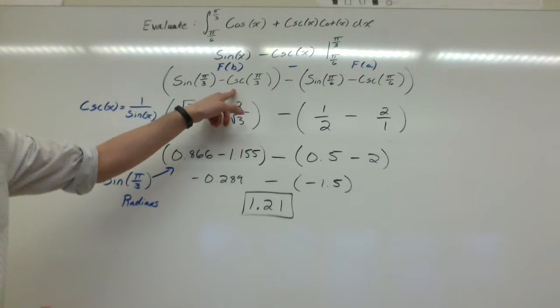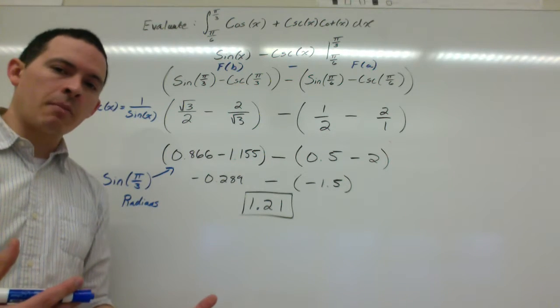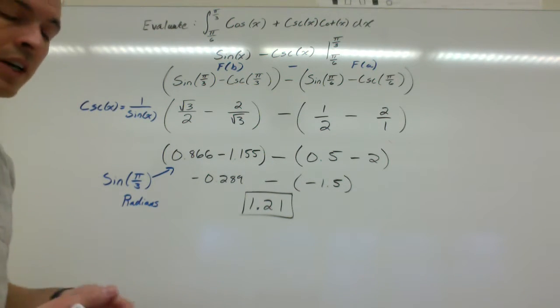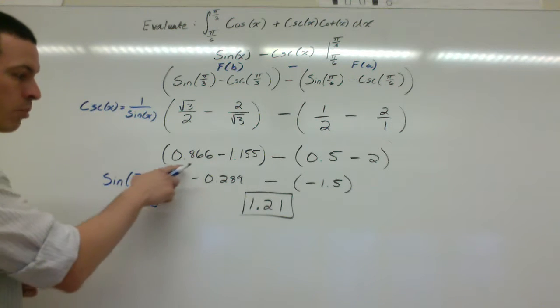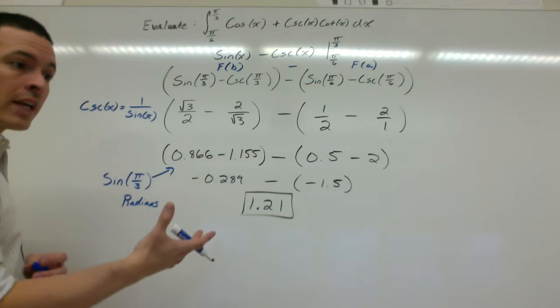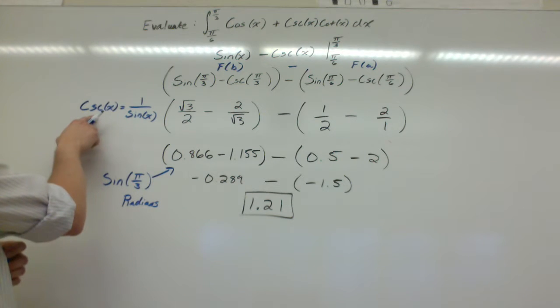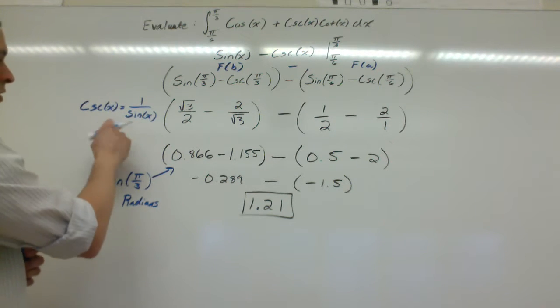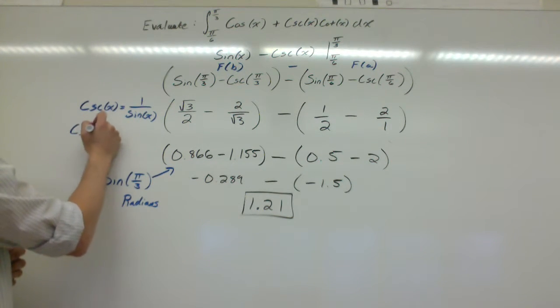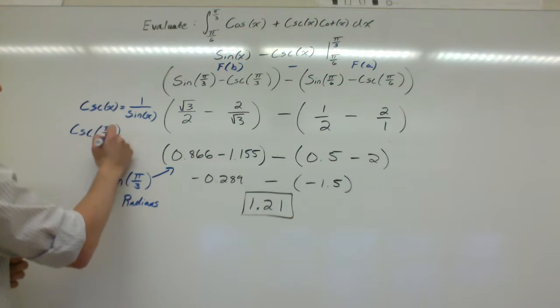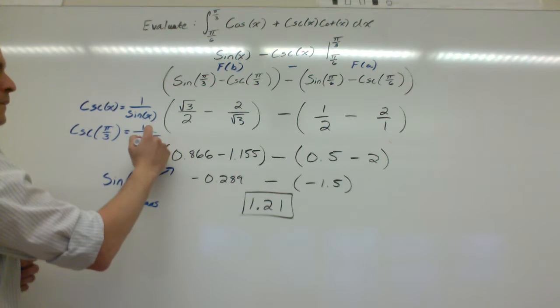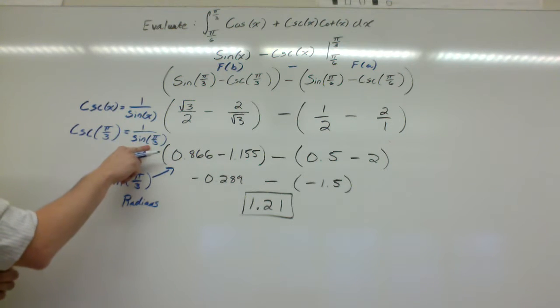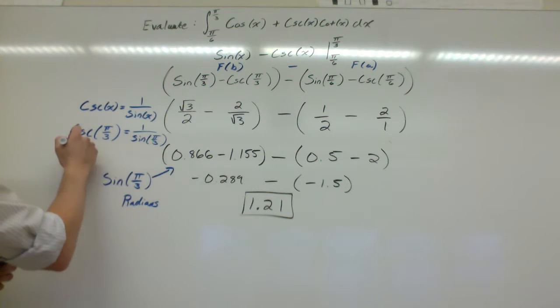Now, for cosecant pi over 3, people are always like, well, how do I put that in my calculator? There's one very simple way to do that. So we know sine pi over 3 is 0.866. Well, I know that cosecant is the reciprocal of sine. So I could say cosecant of pi over 3 is the same as 1 over sine pi over 3. Now I know sine pi over 3 is 0.866.